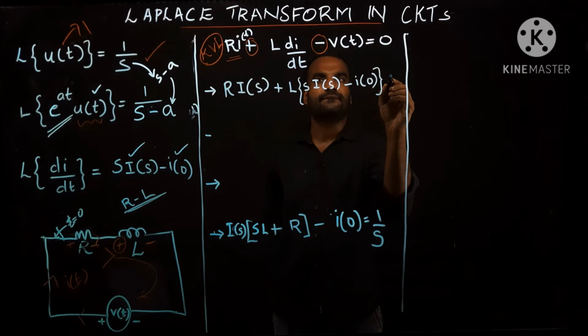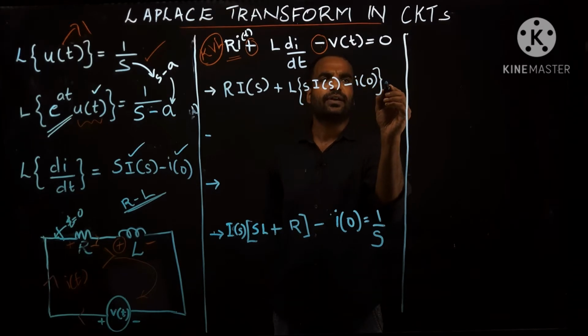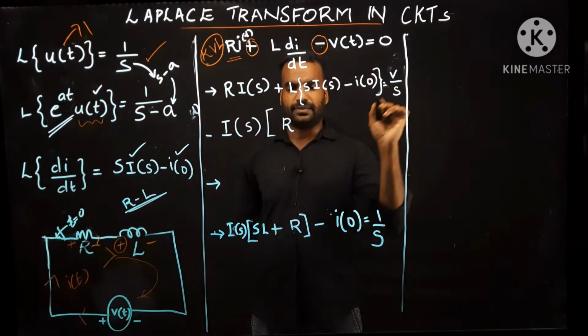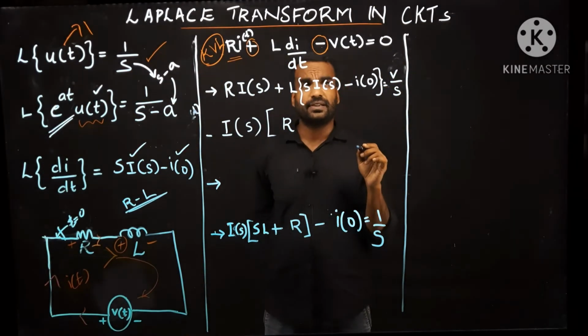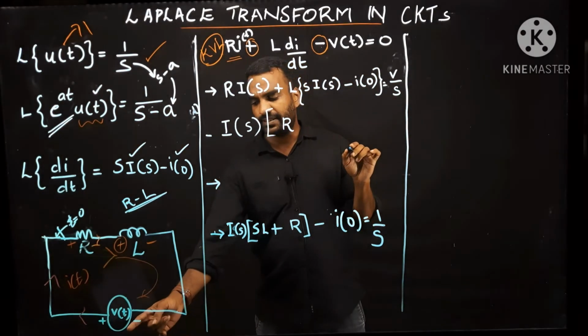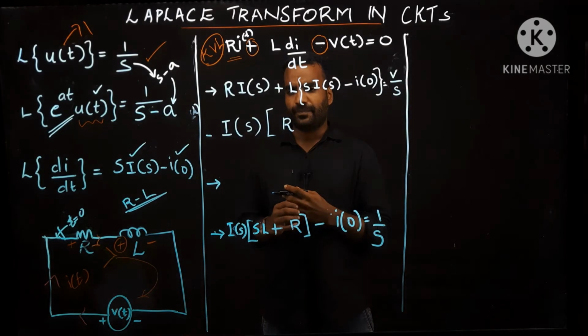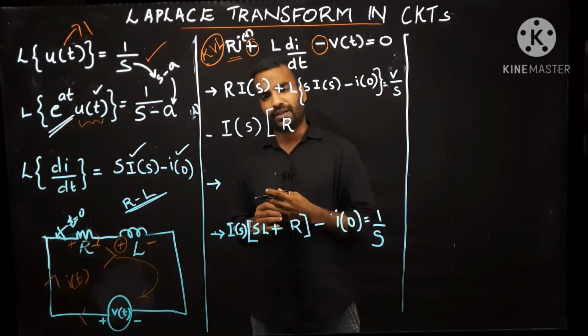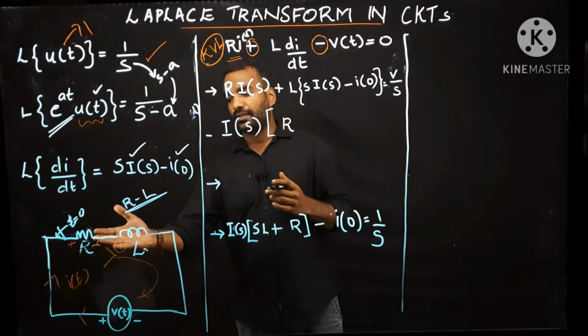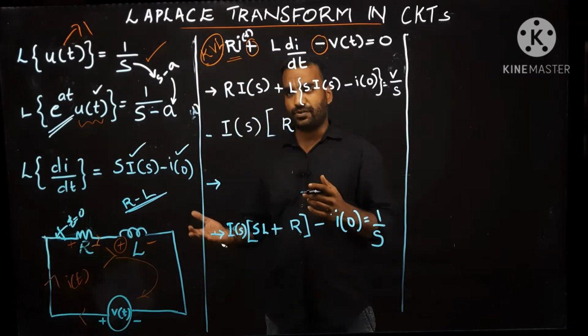This is equal to, on the right, V by S. Why is it V by S? Initially, it was a voltage source. Here we can see it is V of t, a voltage that depends on time, and here we have a current that is also a function of time.